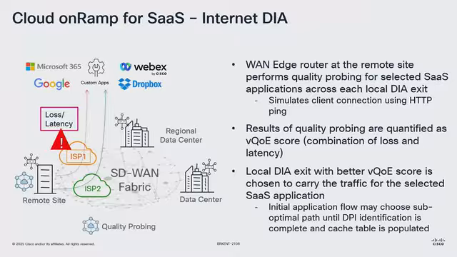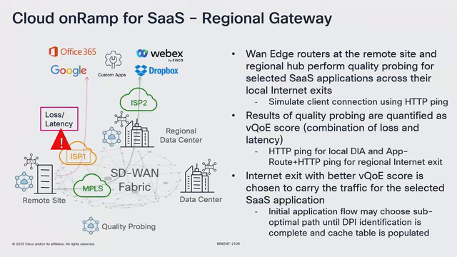But what to do if you have a regional gateway? Let's say you have ISP1 connecting directly, but you have MPLS and then to a regional gateway and then ISP2 from there. So for the path from this side to the regional hub, you would measure it using the standard BFD probes that we have on the data plane. And the rest of the internet path you would measure using the HTTP probes. That way you'll get the complete measurement of the path, and then you decide which one to go for, whether to take the direct path or via the regional gateway.